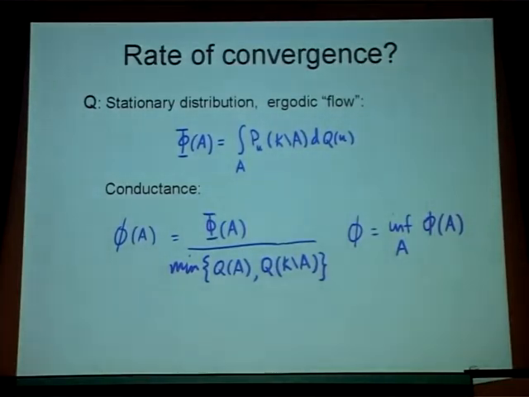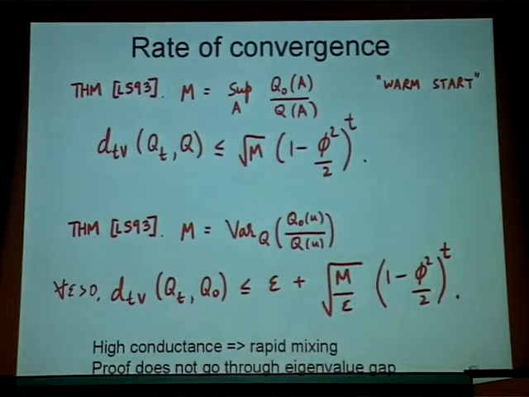And a nice upper bound theorem says that, in fact, the rate of convergence is basically inverse quadratic in this parameter. So if you look at, these are two different versions of distance in which you get close to the stationary distribution. But if you want, you can ignore the left-hand sides and just look at the right-hand side. The last parameter, it says (1 - phi squared over 2) to the t.